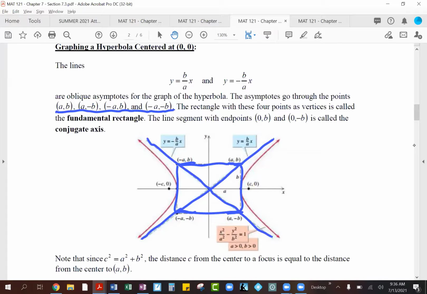The branches of the hyperbola have to stay between those oblique asymptotes, touching part of the rectangle where they meet the X or the Y axis. So you draw this fundamental rectangle with the oblique asymptotes, and these are the equations for the oblique asymptotes.